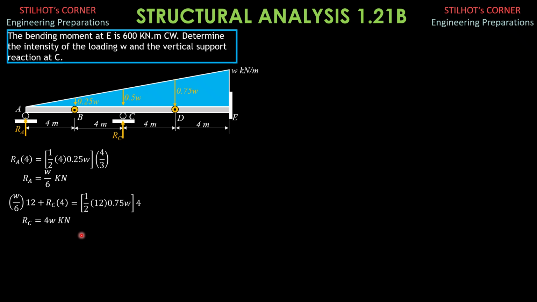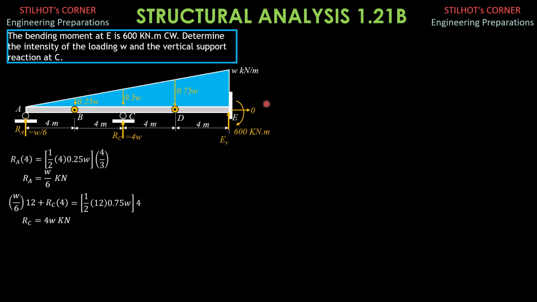Then for the last part, we put the reactions at E, including the moment. So we have EY, EX is 0, obviously, and the moment, which is bending moment at E, which is 600 kilonewton meter clockwise as shown. Then R sub C is 4W, RA W over 6. Then we sum up moments about E equals 0, considering this entire system or free body diagram.